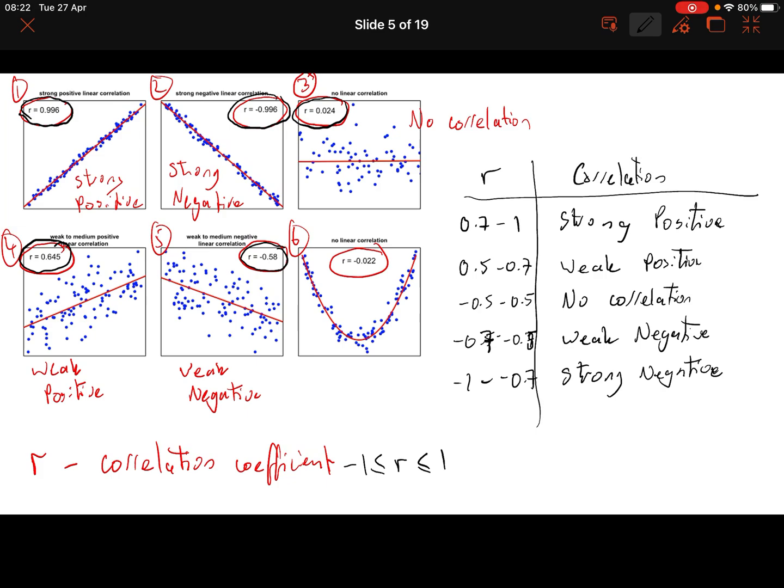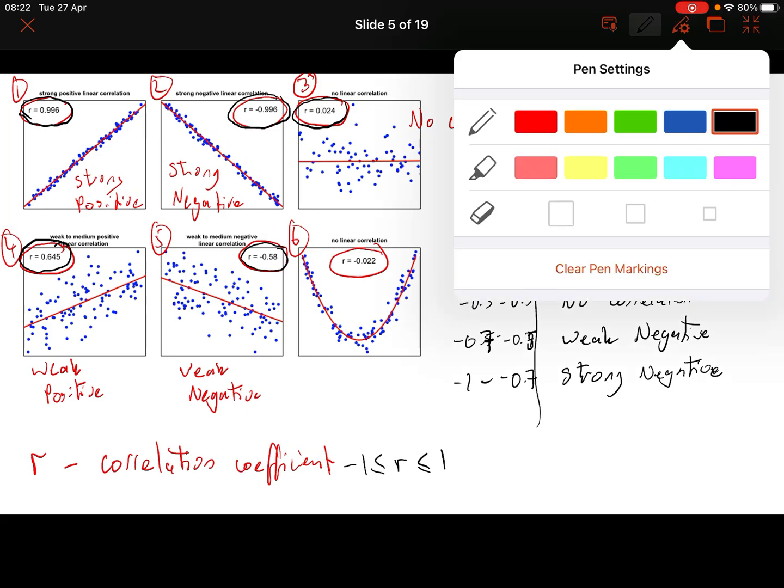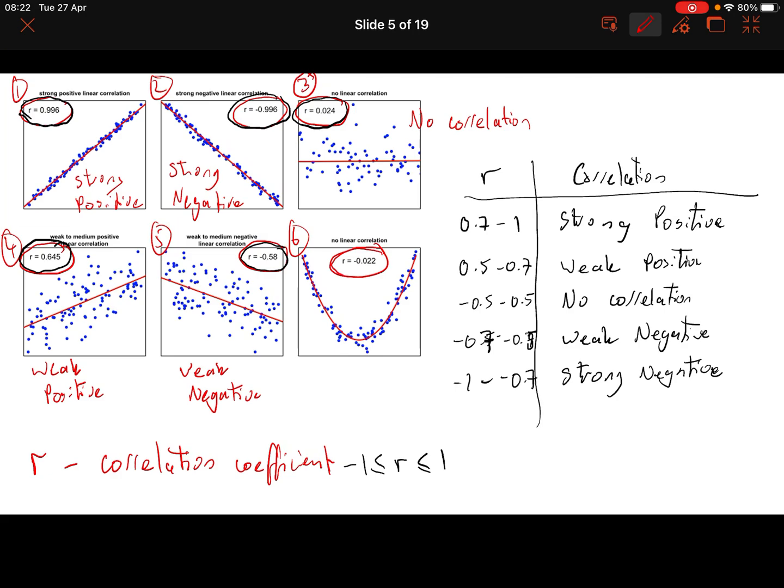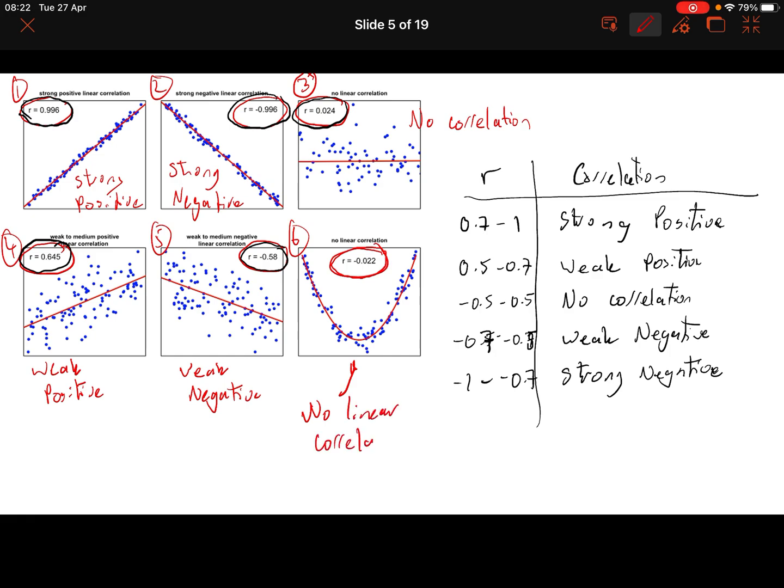Now, number 6 is a little bit different, because notice that you've got a relationship that says there's no correlation. It's close to 0. Well, what that actually means is there's no linear correlation. So this one says that there is no linear correlation, and that would be true.